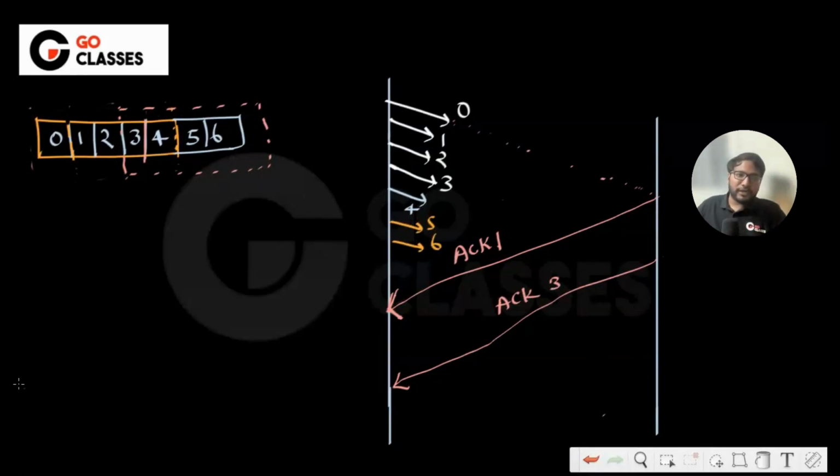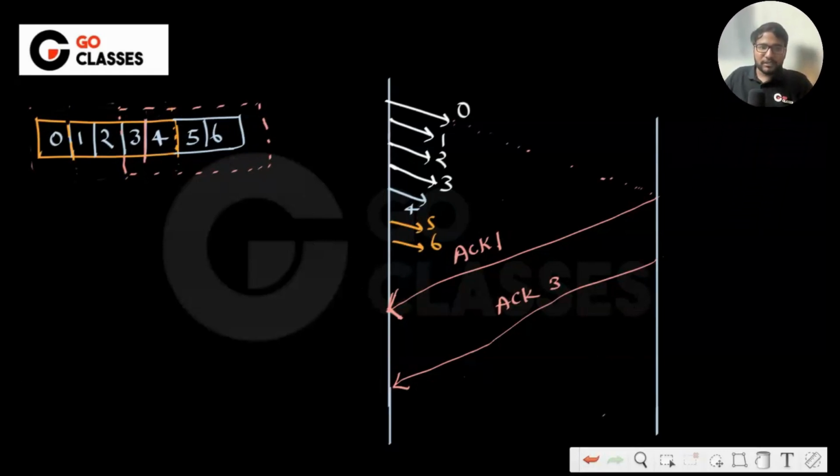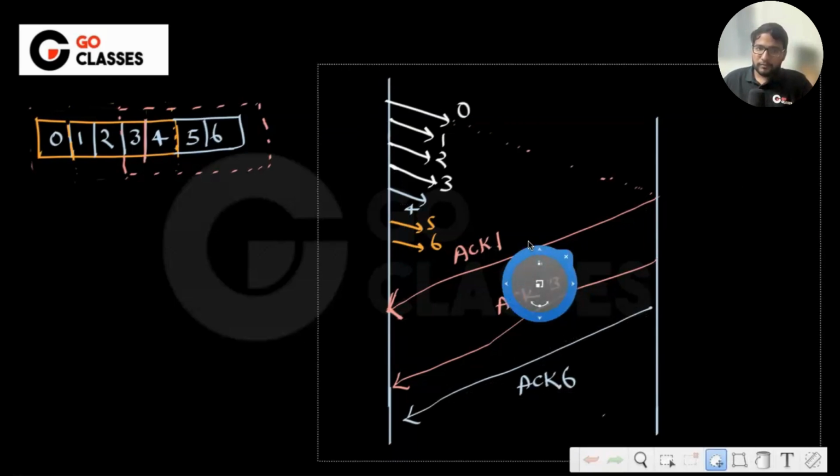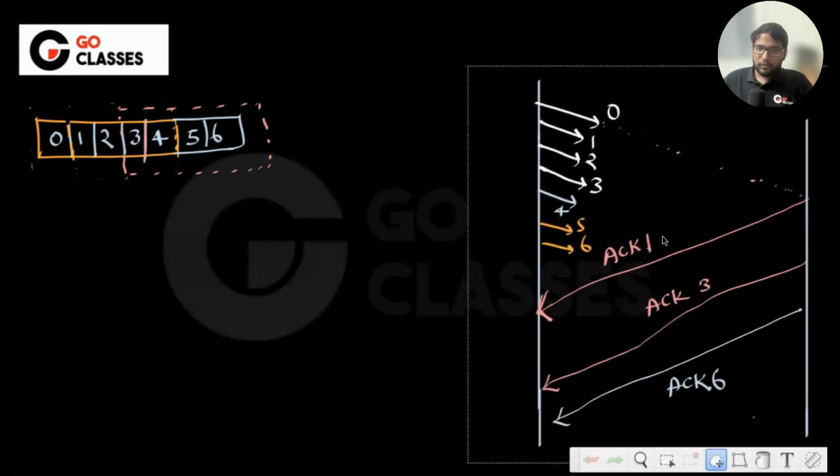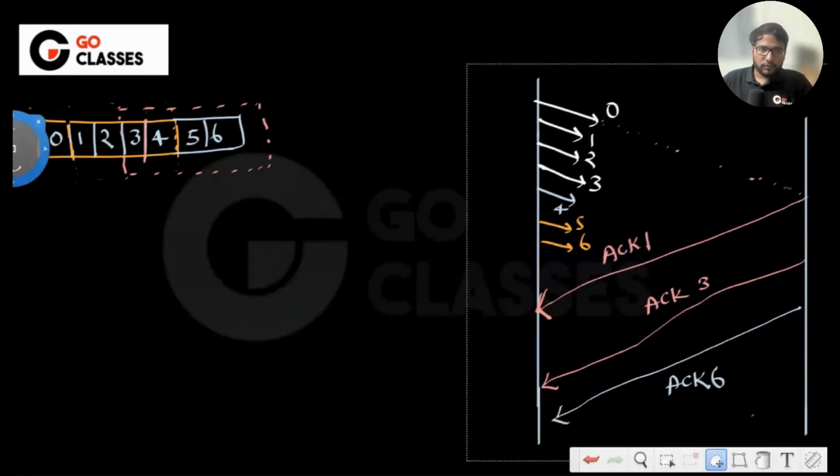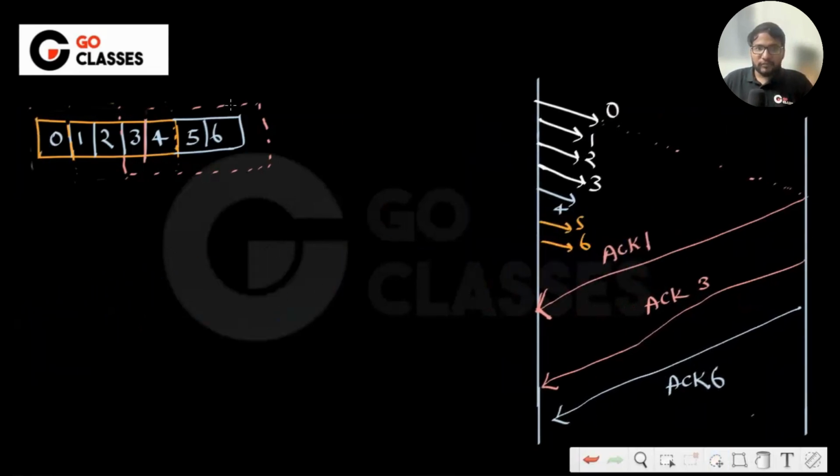Now, let's suppose that ACK 4, 5, which means ACK 6, has arrived. Then what will happen? Can you tell me the base of the window then? It will be 6, right? Yes, it will be 6. So now the window will be containing starting from 6, right?